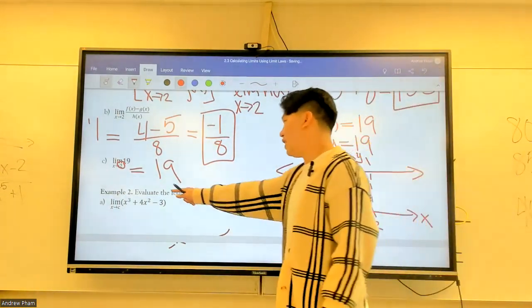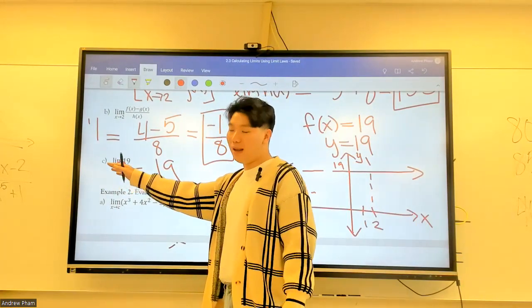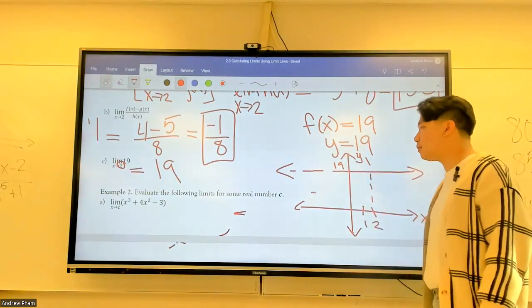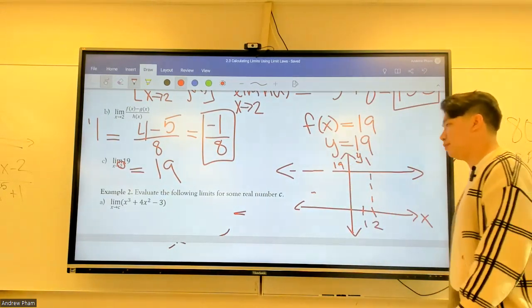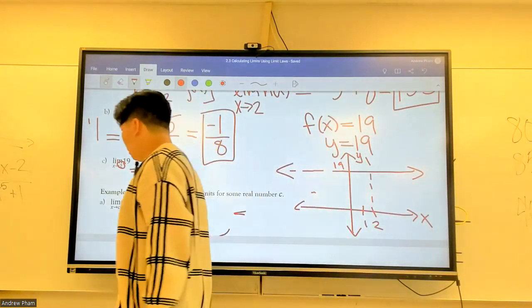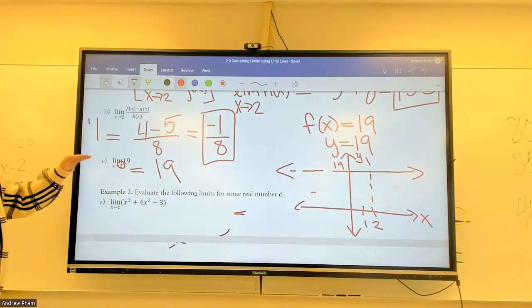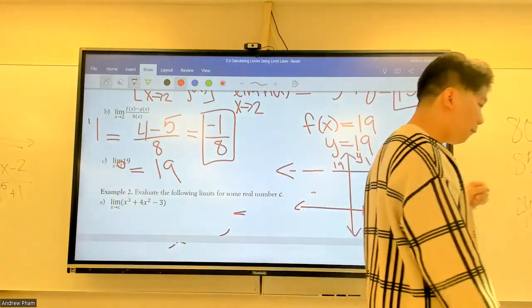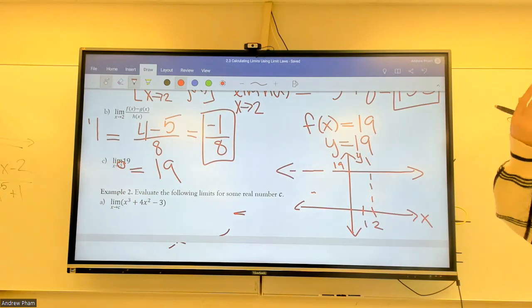So really, I could have changed x going to whatever to any other value. It still would have been 19 here for part C. All right, so we have that example 1 done, part C. Any questions about how we took the limit of, well, 19?